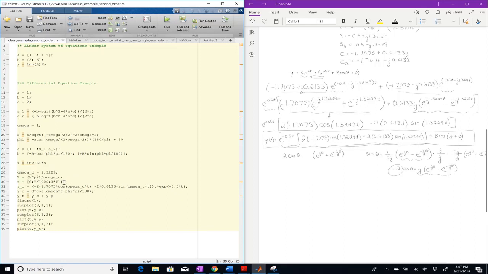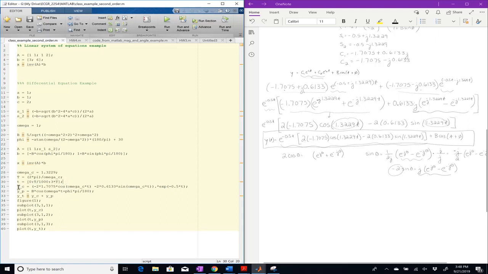I decided to plot over 3 periods of my transient response, so I can see what's happening here. I defined a variable omega c, which is 1.3229, the frequency of my cosine and sine terms over here. The period is 2 times pi over omega c. And then I used 1,000 points in a period, for 3 periods.